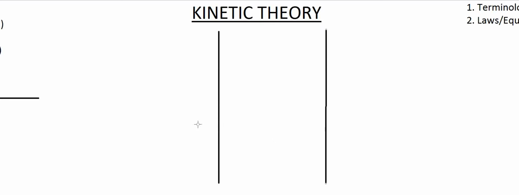The three laws are: the first one is Boyle's law, the second law is the pressure law, and the third law is Charles's law.